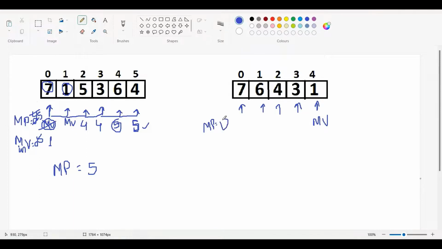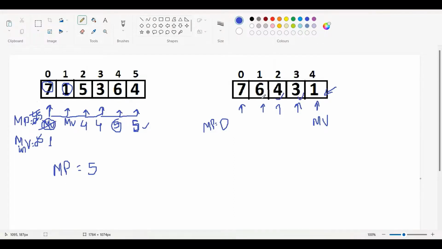So let me show one more approach, that is traversing from the back. What we can do is check from the back: this is the maximum sale we have made, and we can go back and check if it is the maximum sale. So yeah, if this increases, we have to update our maximum sale, and if this increases, we have to update our maximum sale.